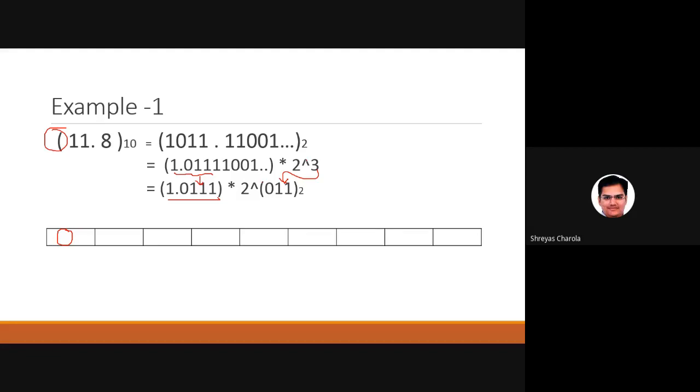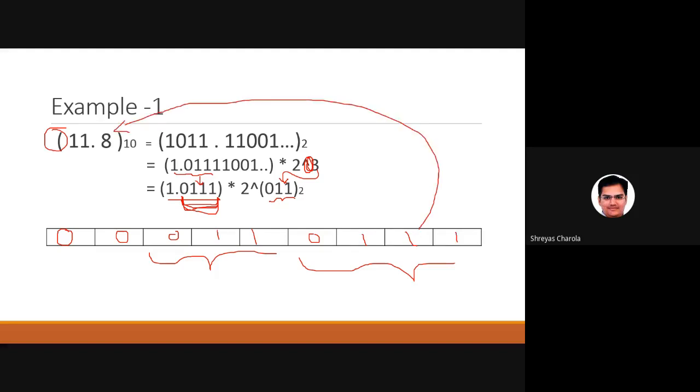The sign of the exponent is also positive, so write down 0. These 3 bits are for the exponent. What is the value of the exponent? It is 0, 1, 1. What about the mantissa? Look at this. After the point, the number I have we call the mantissa. This is 0, 1, 1, 1. So this number represents 11.8.